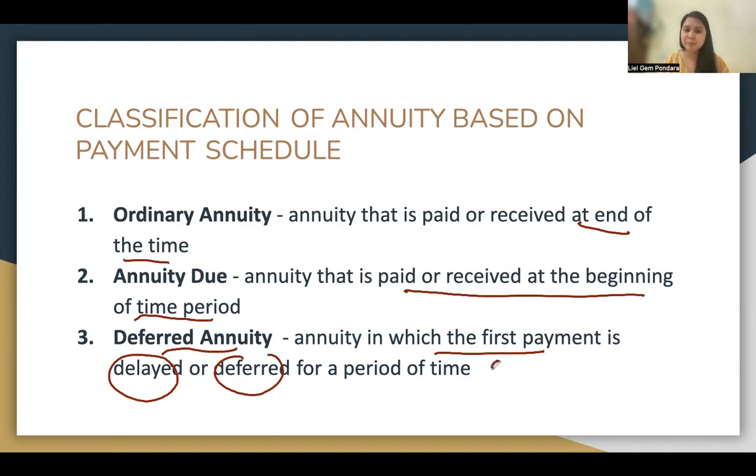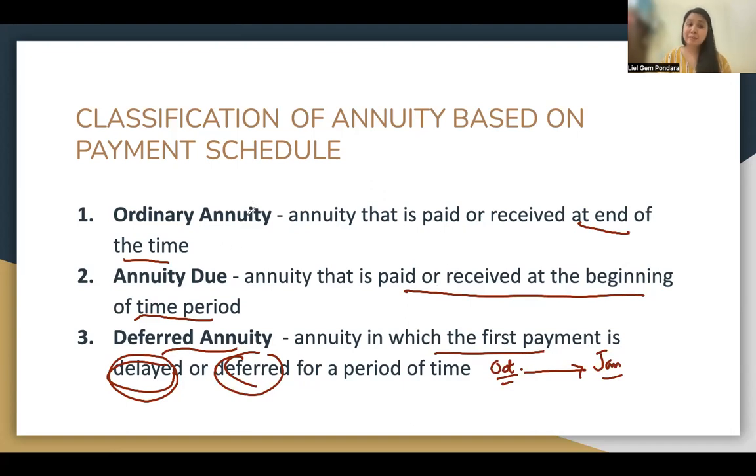Because for example, you make a loan in October, sometimes they do not ask payment by October at the start or at the end of October. Usually, they delay the first payment and they'll say you'll pay starting January. Here, there is a delay or a deferment of the first payment. So we call this a deferred annuity.